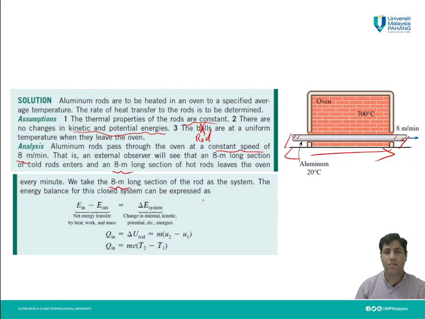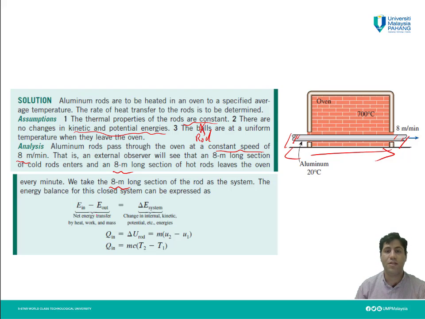The energy balance for this closed system: if we select the rod as our system, we don't have any mass transfer from our system to the surroundings, or from the surroundings to the system. So the mass transfer for our system is zero, so we have a closed system.